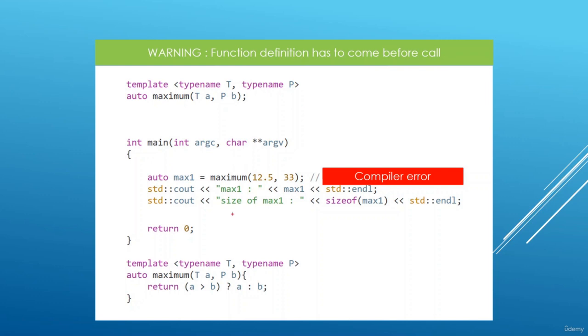So in most cases, any kind of return type deduction you're going to do from your function is going to require for the function definition to show up before you call your function, because the compiler needs to look at your return statement to deduce the return type. If it doesn't see your function definition, it's not going to be able to see this, and the function definition has to show up in front. This is something you need to be aware of.